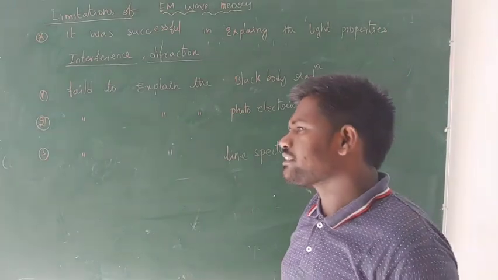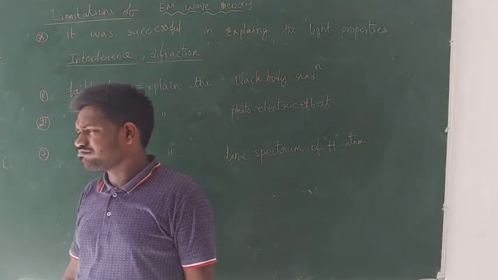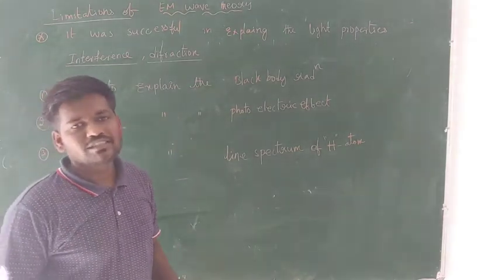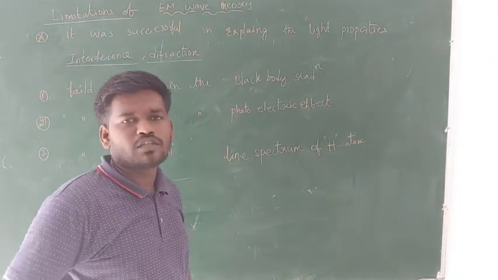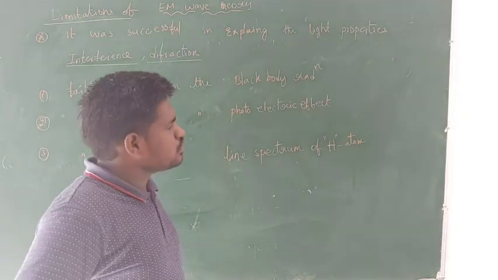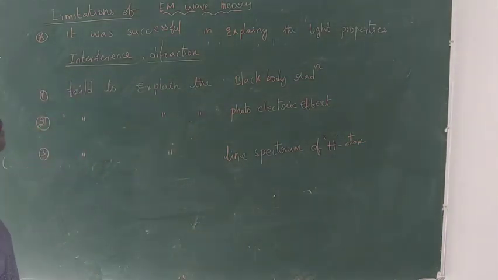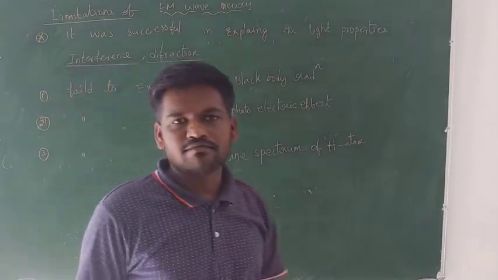In order to understand the atomic structure, the applications of light are needed. So that's why a few things we have to discuss. Now you see, this theory was successful in explaining light properties like interference and diffraction.